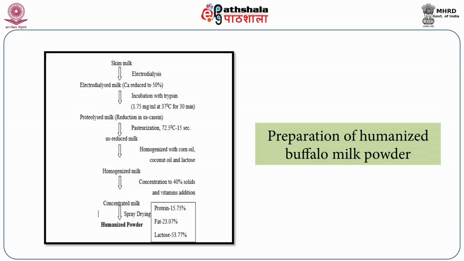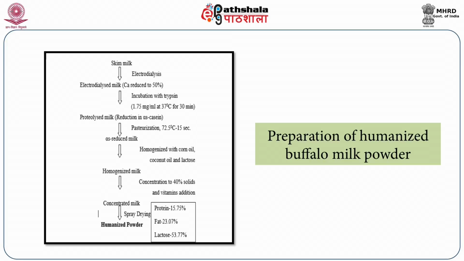Now, this alpha S reduced pasteurized milk is homogenized with corn oil and coconut oil as well as lactose. This homogenized milk is then subsequently condensed under vacuum to 40% solids, and then vitamins are fortified.